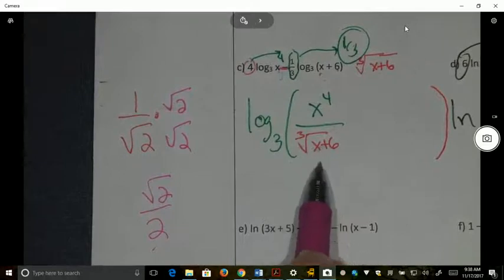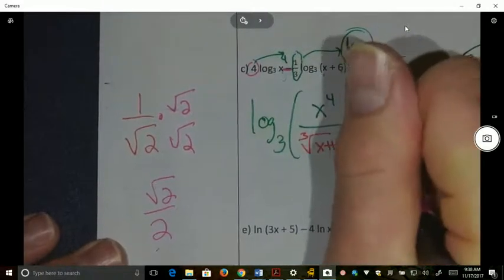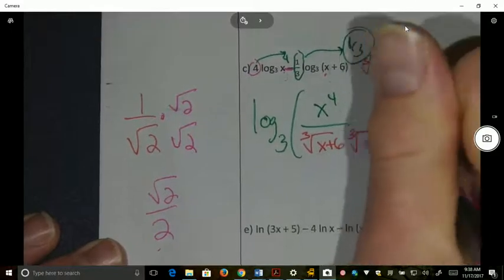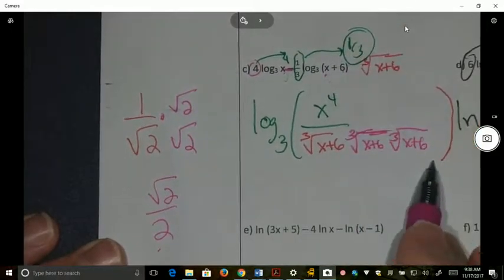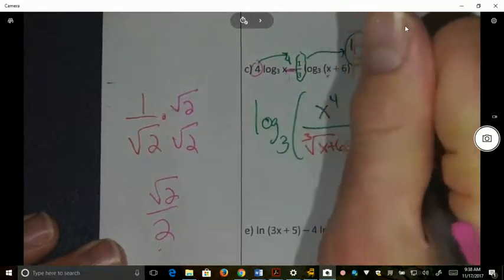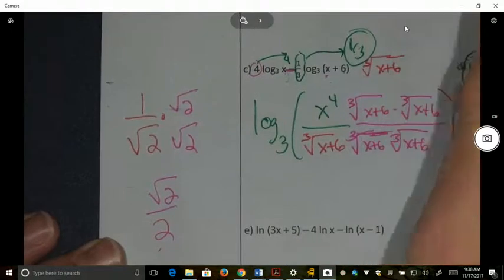So how many factors of this do I need? 3. Well, there's already 1 of them, so I need 2 more to have 3 factors of x plus 6. But whatever I multiply the bottom by, I have to multiply the top by, so I don't change the value of the fraction.